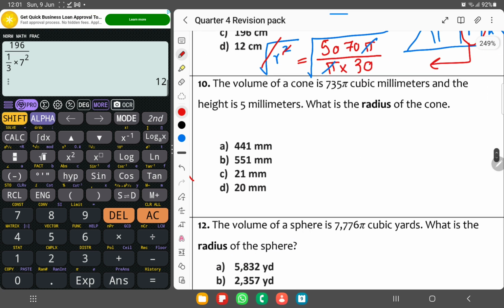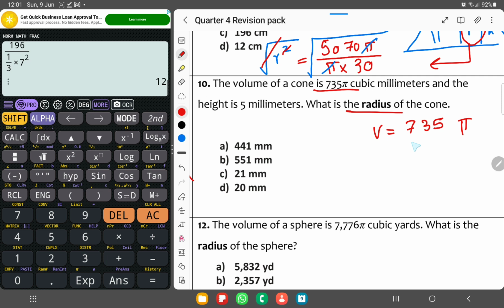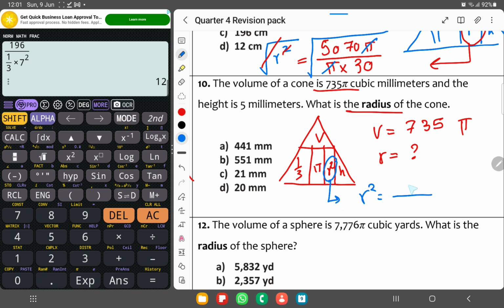Very good. The volume of the cone is given, and he's asking about the radius. Let's do it again. Here is the volume, 735 pi, and he is asking about the radius. The volume is 1 over 3 pi r squared h. If I want to find the radius, radius power 2 equals volume over 1 over 3 pi h. How do I find the radius again?